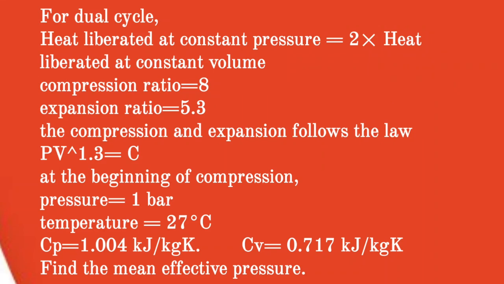Given question, for dual cycle, heat liberated at constant pressure is equal to twice the heat liberated at constant volume. Compression ratio is 8. Expansion ratio is 5.3.